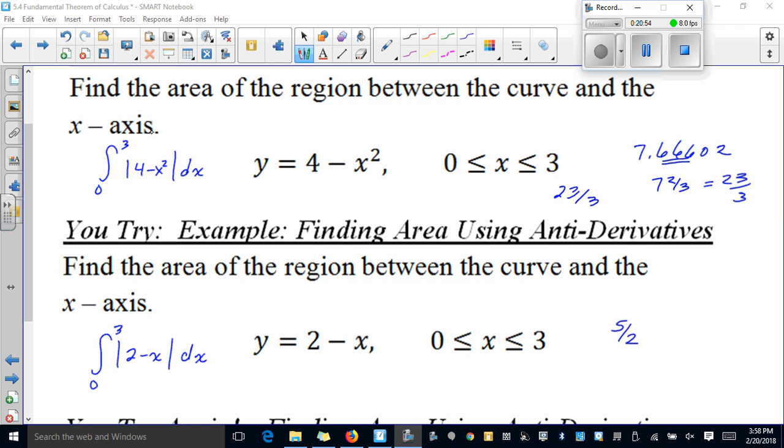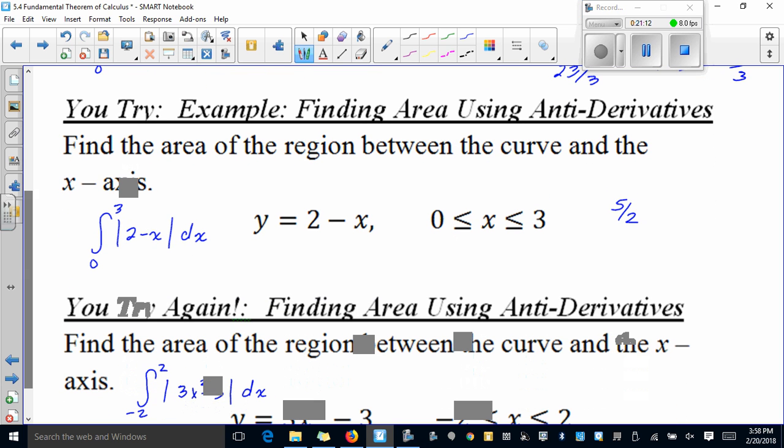If you did 0 to 3 of just 2 minus x dx, you would have gotten 1.5. And the last one, if you had forgotten the absolute value, negative 2 to 2 of 3x squared minus 3 would have given you just 4.